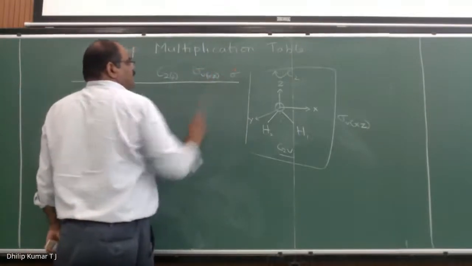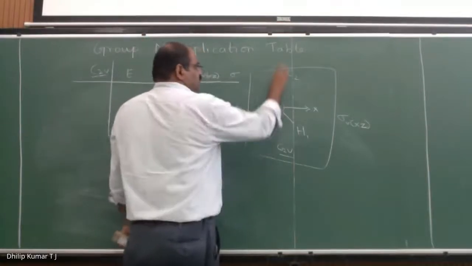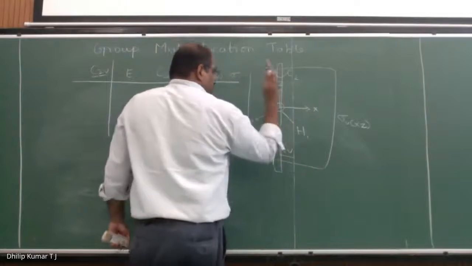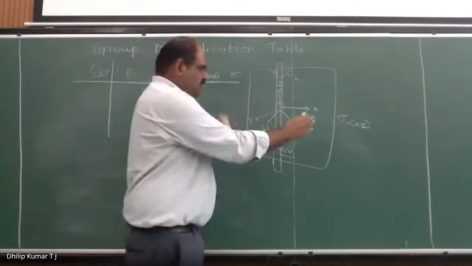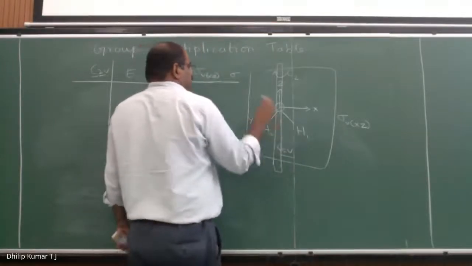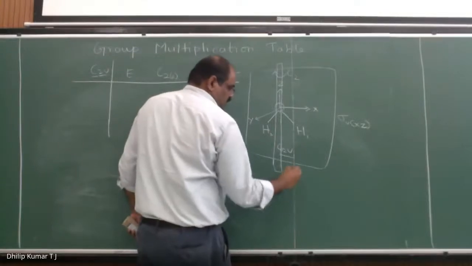There is another symmetry operation. You place the mirror, cutting the molecule into half. This H will be the mirror image of this H. We call it sigma V prime, and we are cutting like this.